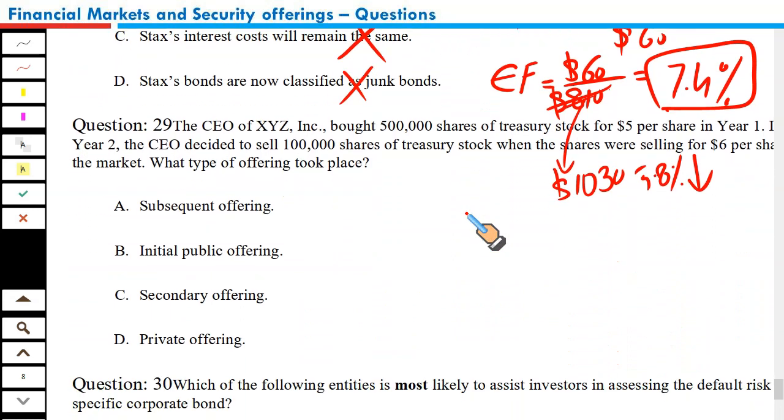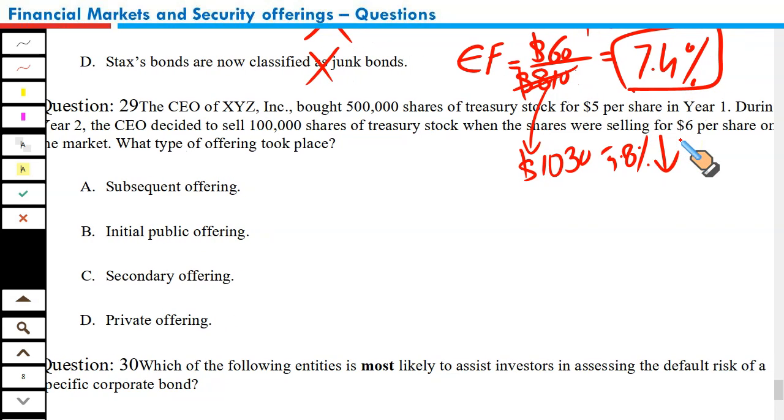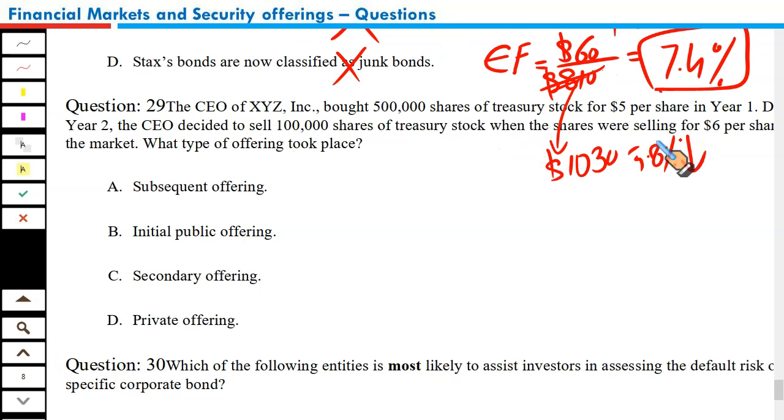Next we have: the CEO of XYZ Incorporated bought 500,000 shares of treasury stock for $5 per share in year 1. During year 2, the CEO decided to sell 100,000 shares of treasury stock when the shares were selling for $6 per share in the market.